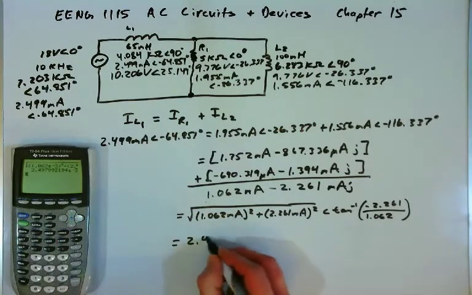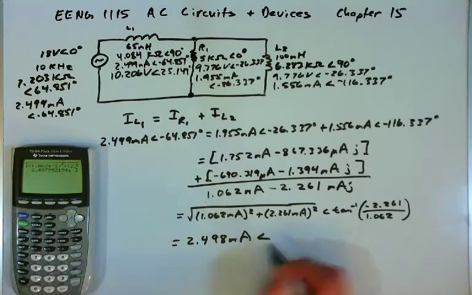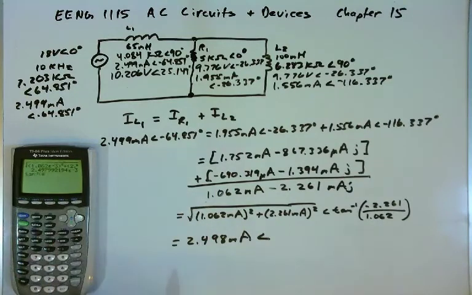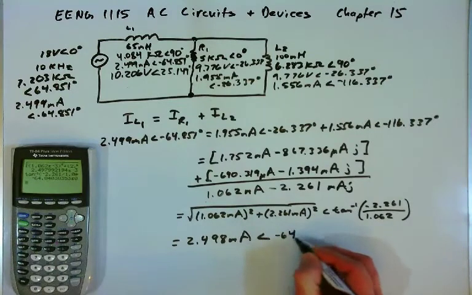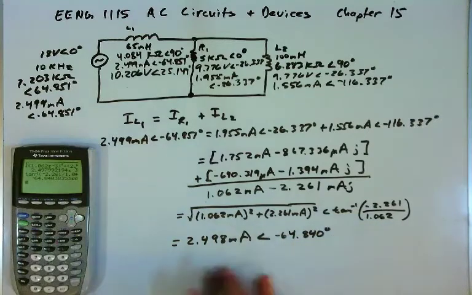So we get a magnitude of 2.498 milliamps, and the angle will be the inverse tangent of negative 2.261 divided by 1.062, and we get negative 64.840 degrees.